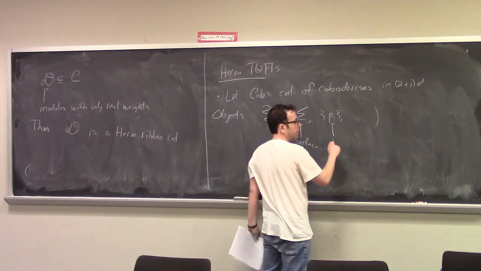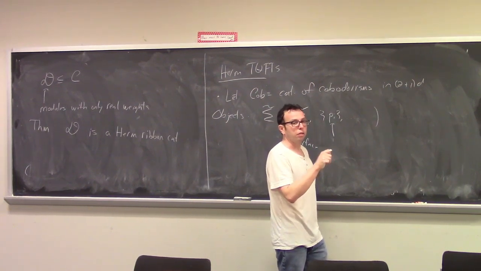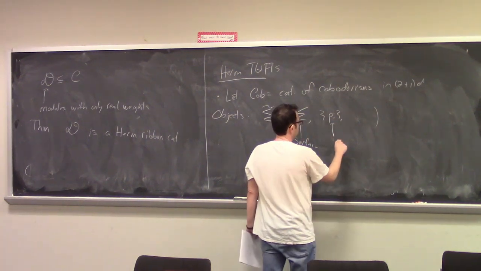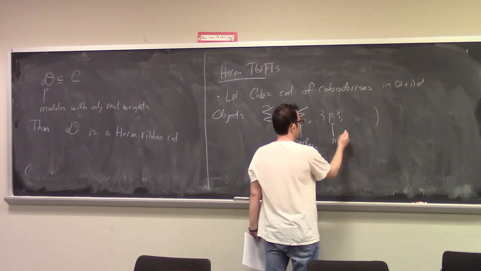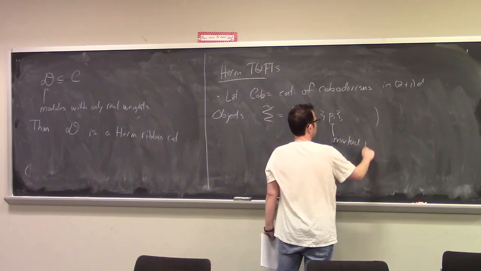But he only talked about one dimension, and you're talking about surfaces, 2 dimensions. That's right. So zero-dimensional defects in 2 dimensions. These are marked points, and this is new.